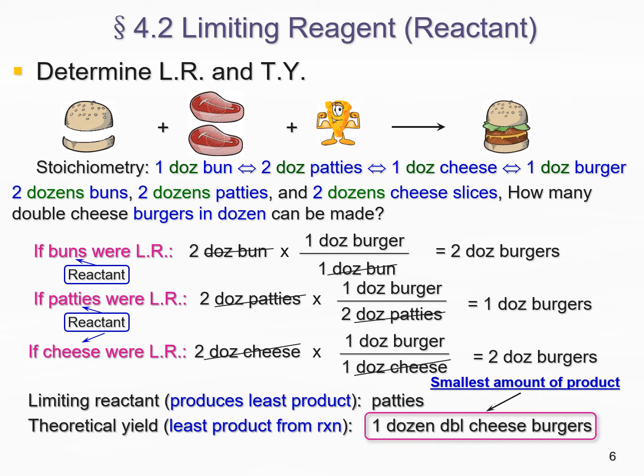So patty is our limiting reactant. So throughout the 3 different values of dozen burgers, we pick the smallest. This is our mathematics strategy by converting every reactant to the same product. So we will know which one we're going to pick and what reactant should be designated as the limiting reactant.